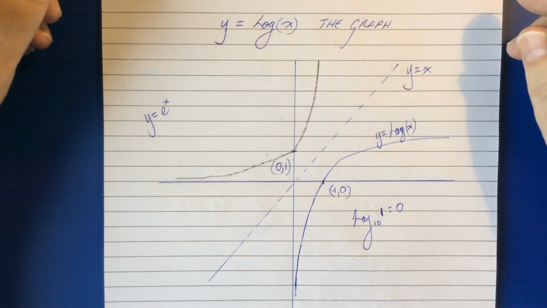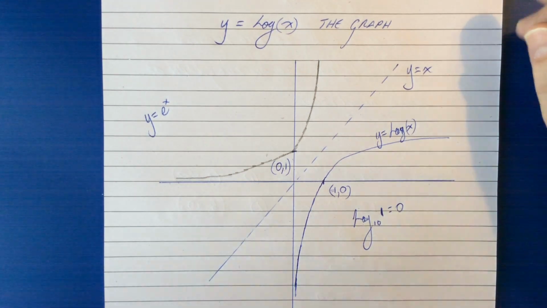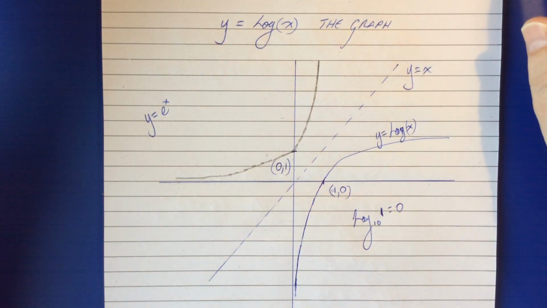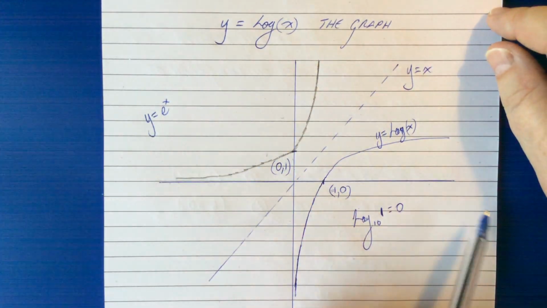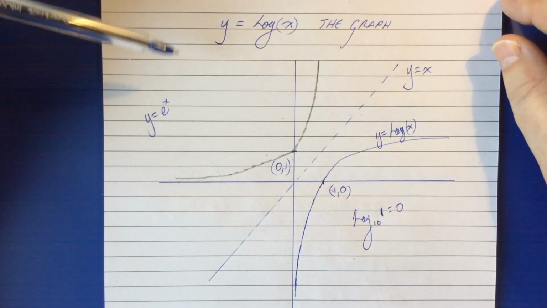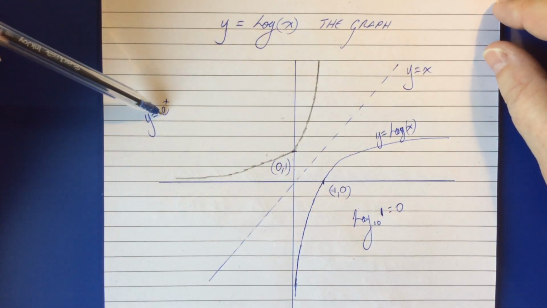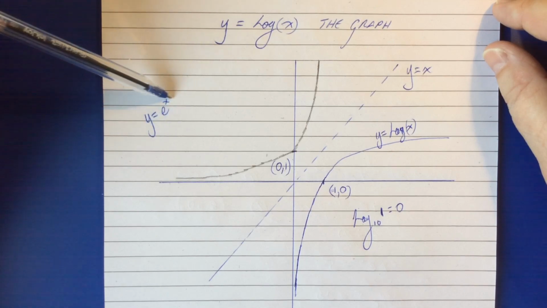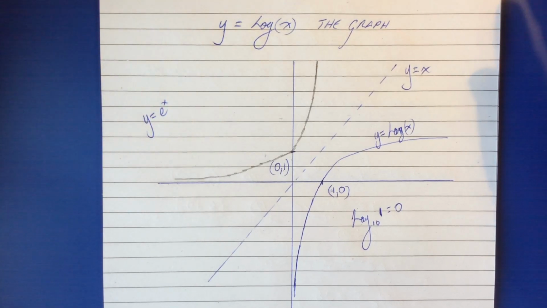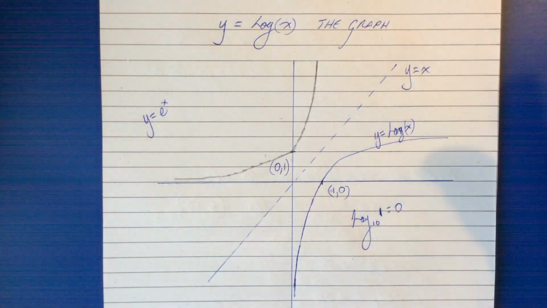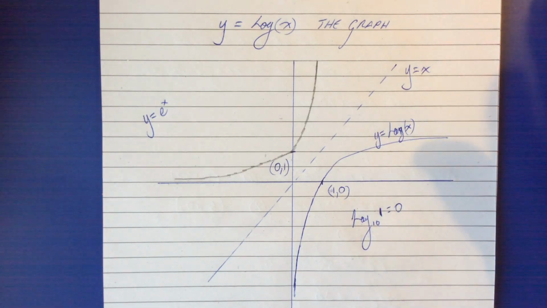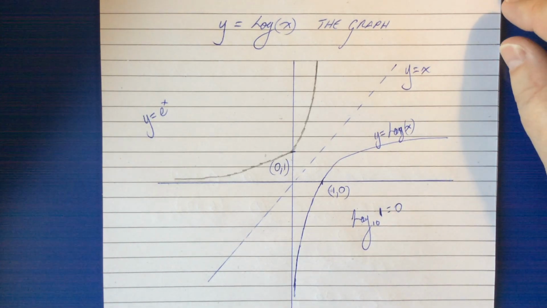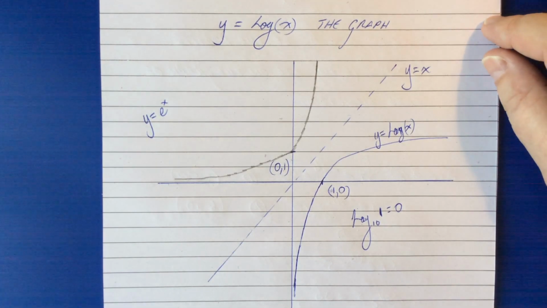So these are graphs that you ought to get familiar with, and you ought to understand how they move about and how they're affected, in the same way that you understand how the graphs of functions such as a quadratic or a hyperbola are affected by various changes to them.